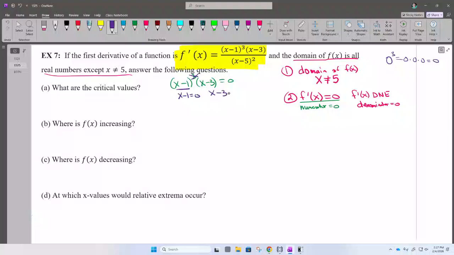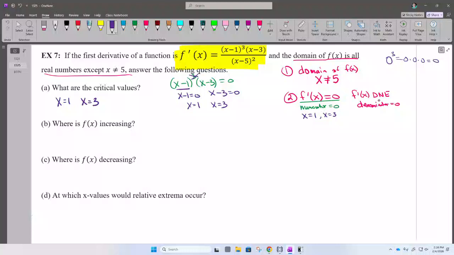What would cause it to be 0? And so we get x equals 1 and x equals 3. We cannot immediately conclude that there are critical values. We have to ask ourselves, are these in the domain of the original function? And the original function says everything except 5 is good. So 1 and 3, we're good.